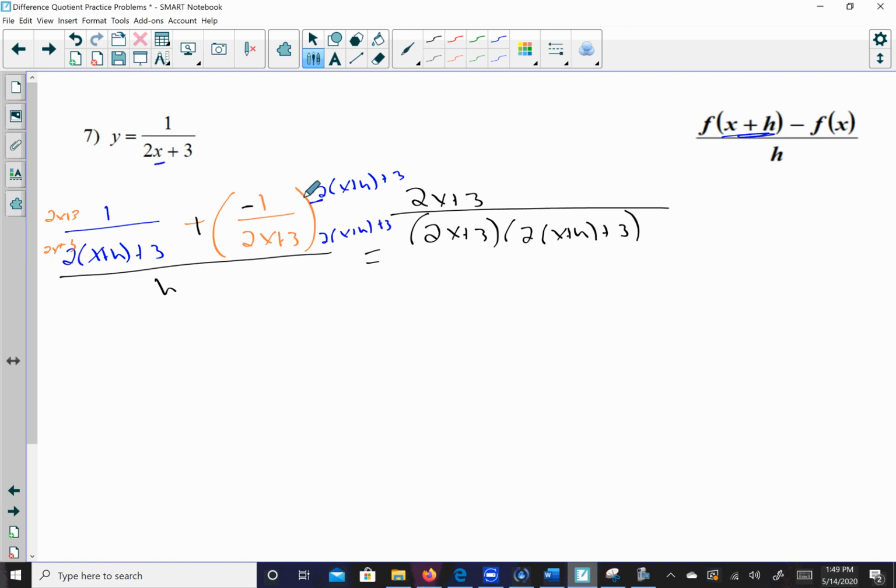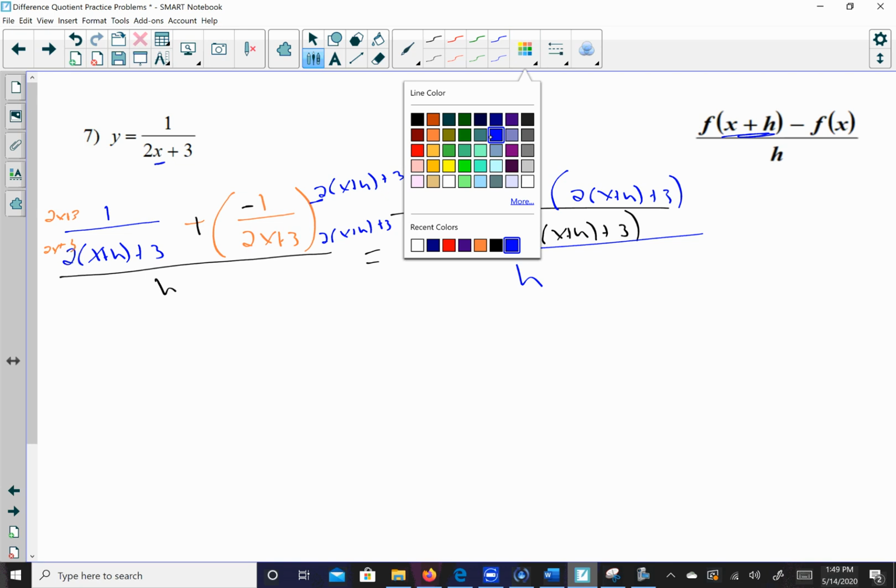So I'm going to have plus negative 1. And then in parentheses, I'm going to have 2 times (x plus h) plus 3. And this is all over h.